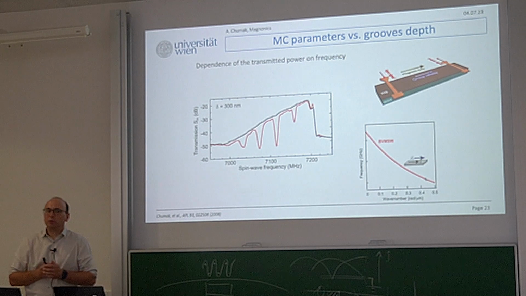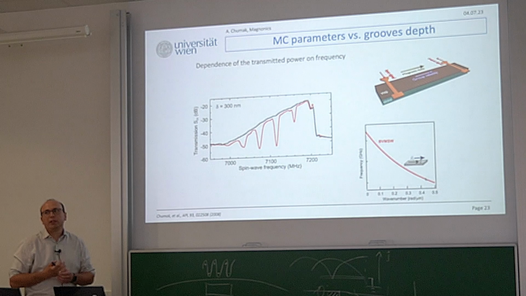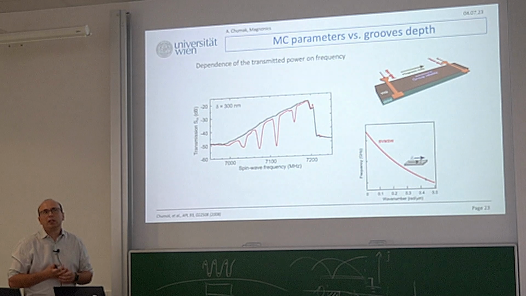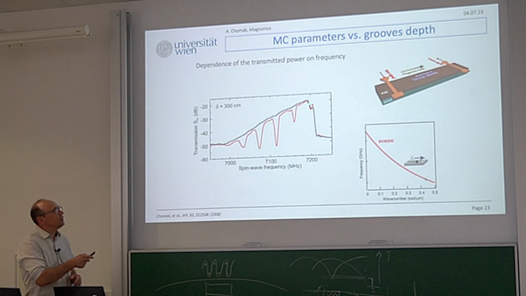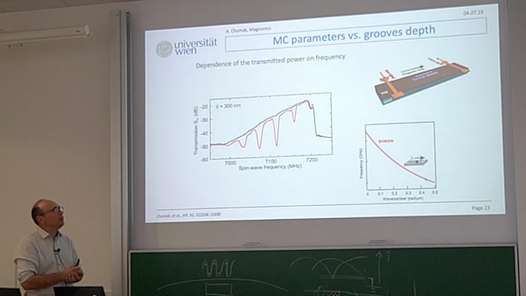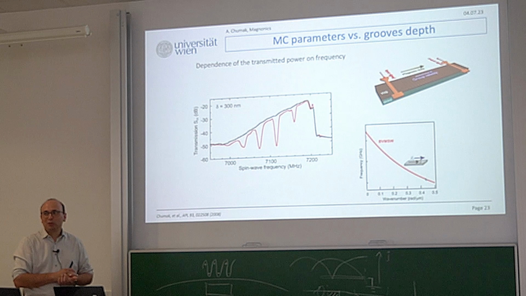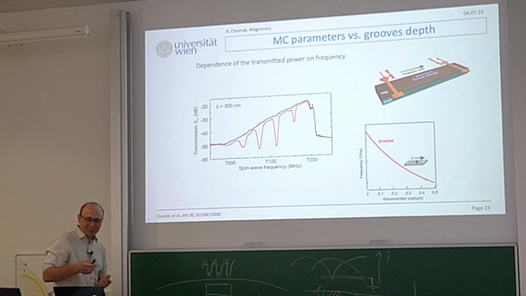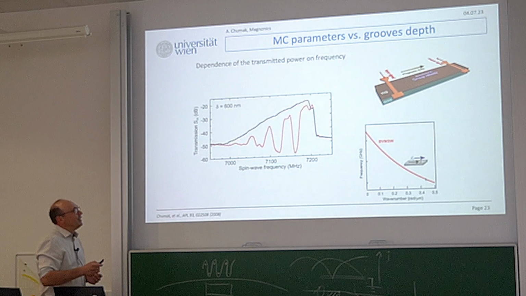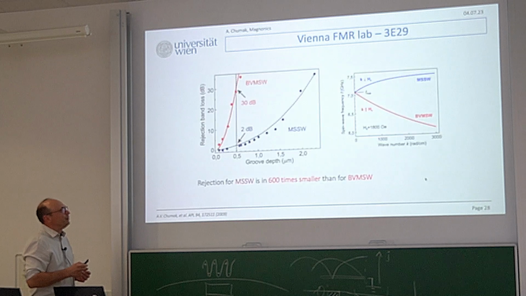Then this higher width mode should be possible to excite better, I think. And maybe this is a signature of this one. But yeah, I cannot answer confidently because I need to investigate. Yeah, thank you for this question. Good.